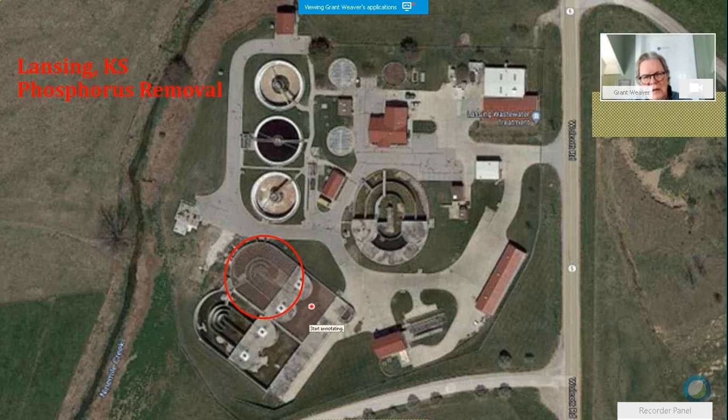And again, this particular tank, you can't see the mixers. They're rail-mounted mixers. So you want to cycle the mixers on and off to strengthen that low dissolved oxygen anoxic condition. So minus 100, minus 200, good starting points.